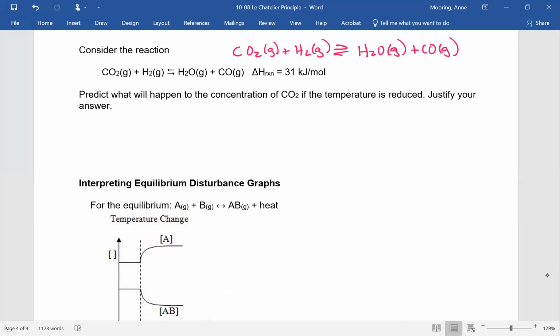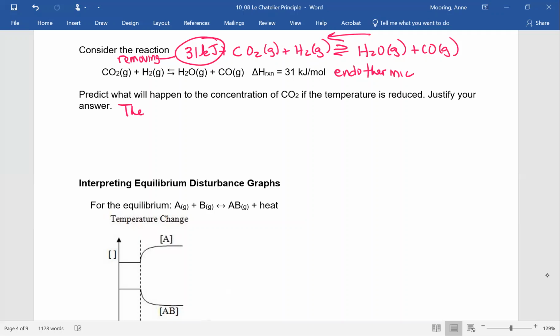In this case, I've got positive 31, so this is an endothermic reaction, which means that I'm going to add the 31 kilojoules over here. So I'm reducing the temperature, so I am removing heat, which means that the reaction is going to shift in this direction to replace heat.